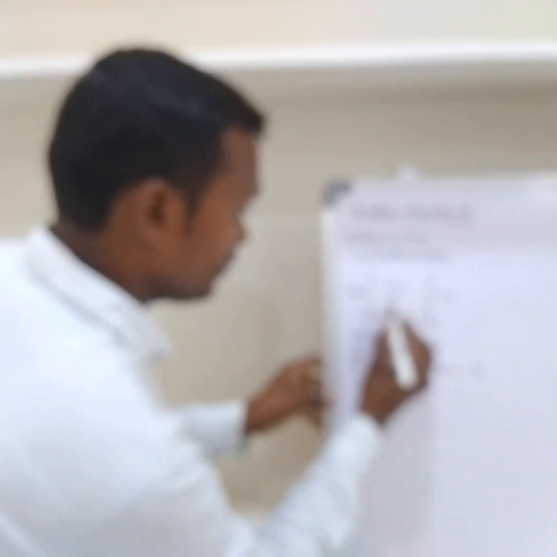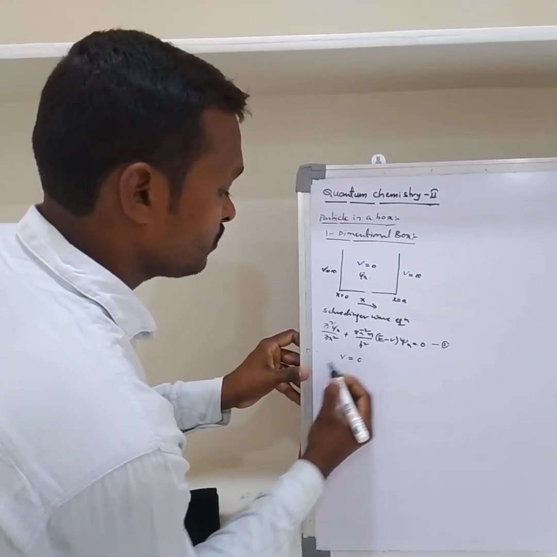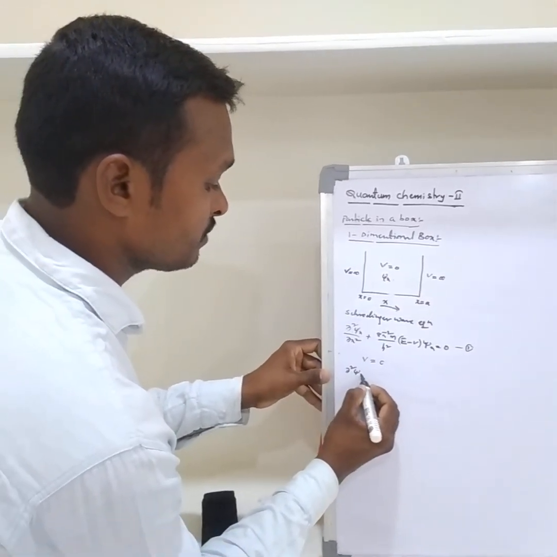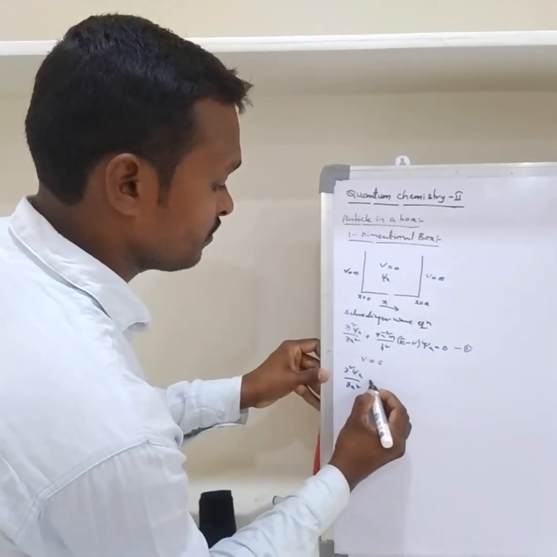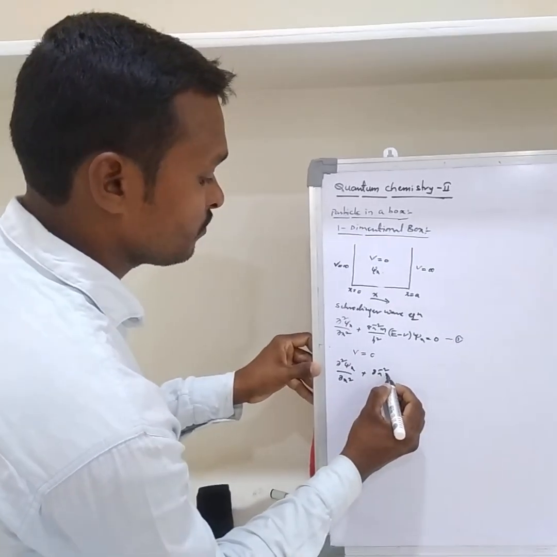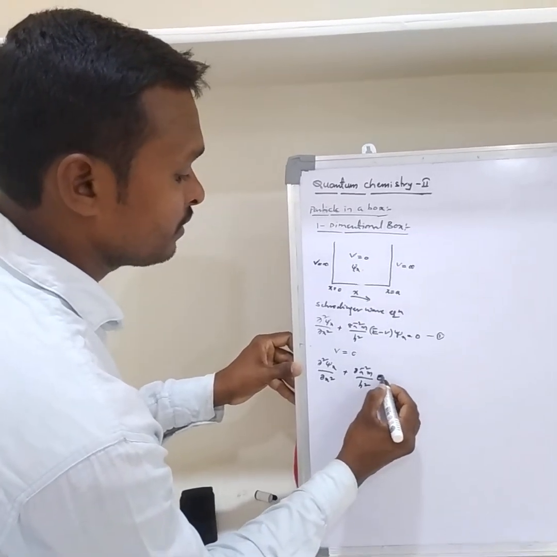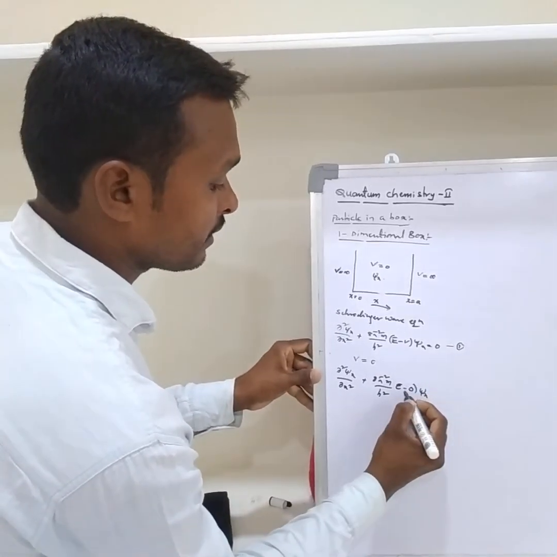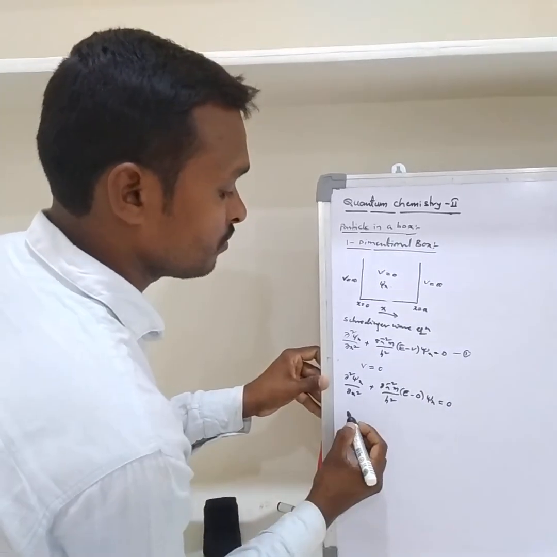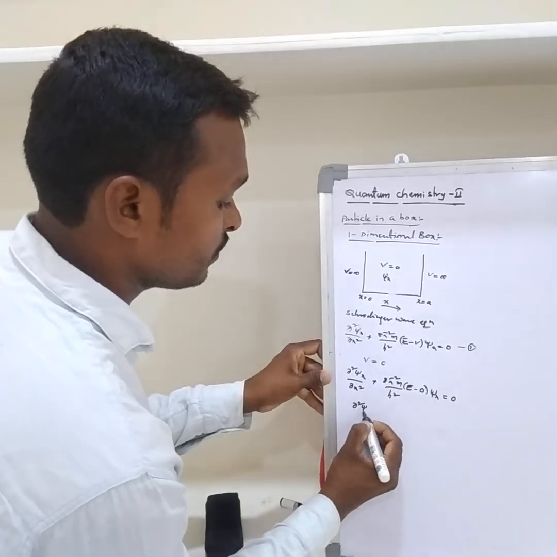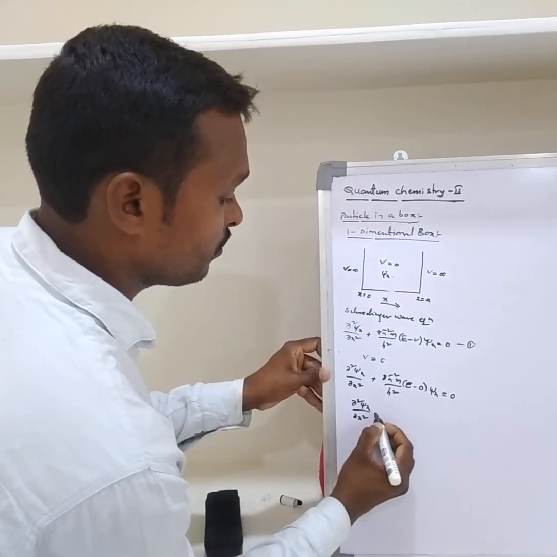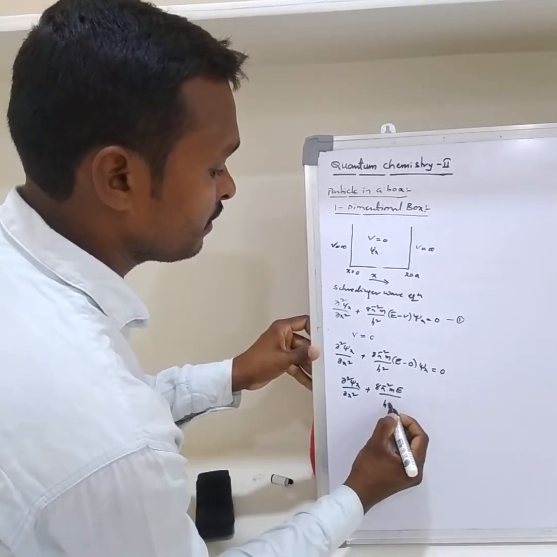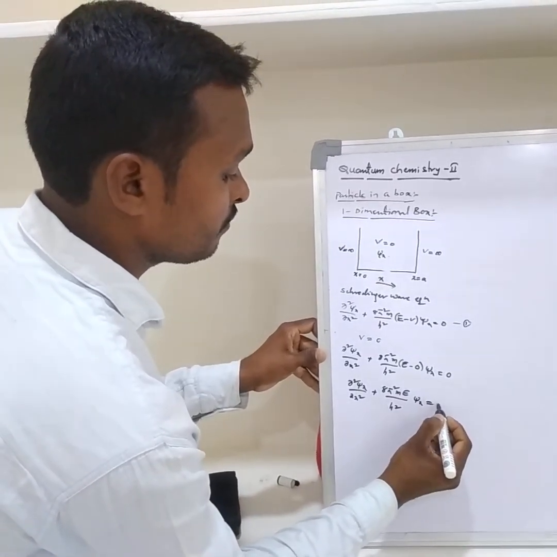In this we assume the potential energy value will be equal to 0. Substitute V equal to 0 in equation 1. The equation can be written as dou square psi x by dou x square plus 8 pi square m by h square into E minus 0 into psi x equal to 0. So the remaining equation is dou square psi x by dou x square plus 8 pi square m E by h square psi x equal to 0.